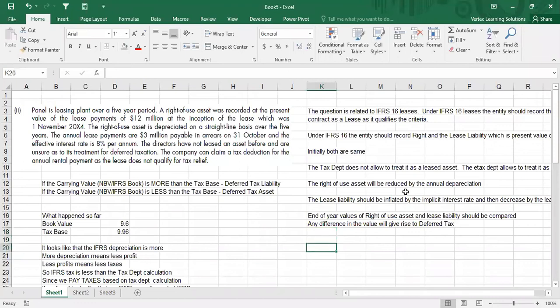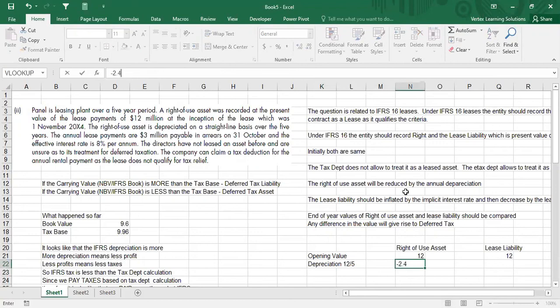Here I would say opening value, and here I would say right of use asset, and here I have my lease liability. So the opening value on both sides is 12 million here and 12 million here. Here I would say depreciation, which is 12 divided by 5, which is minus 2.4.